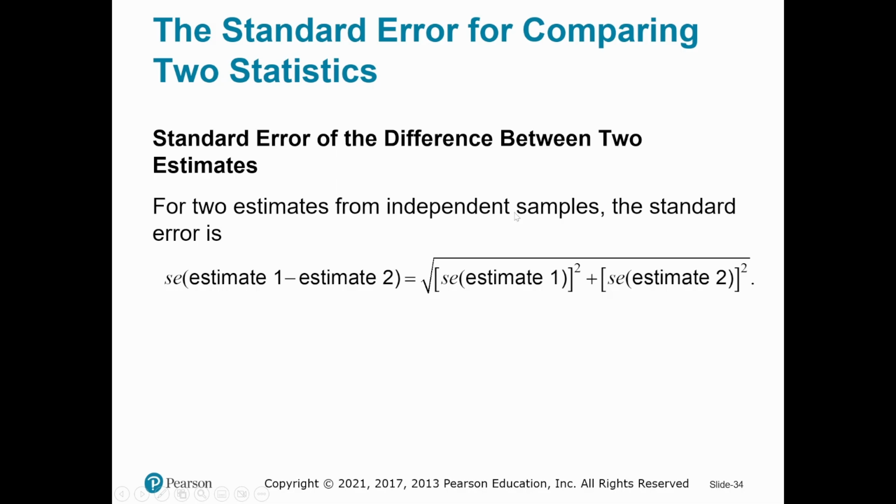If Alan Agresti saw the PowerPoint that his graduate student made, he would want the word random to be here. For two, and really this word should be estimators, not estimates, if you really want to get technical. So for two estimators from independent random samples, the standard error is, this is not a mistake.